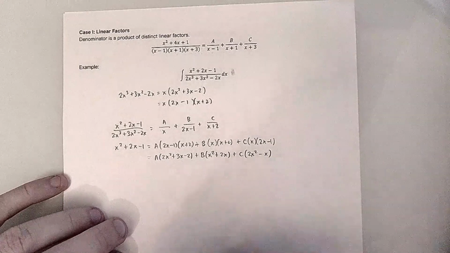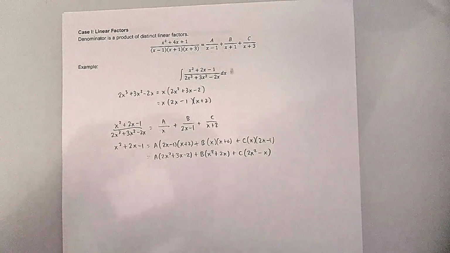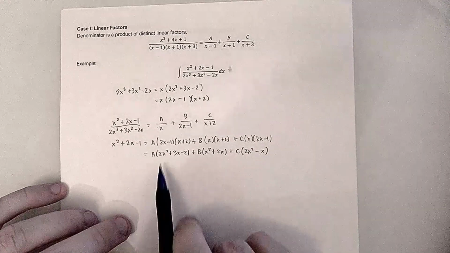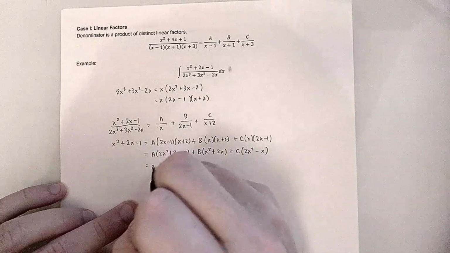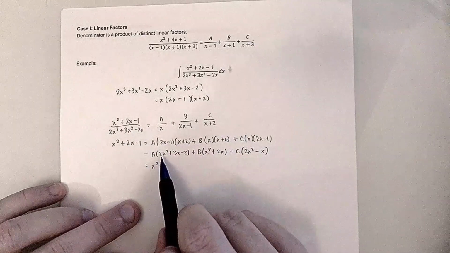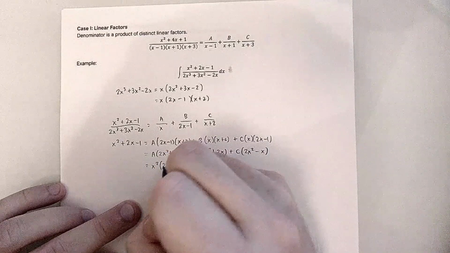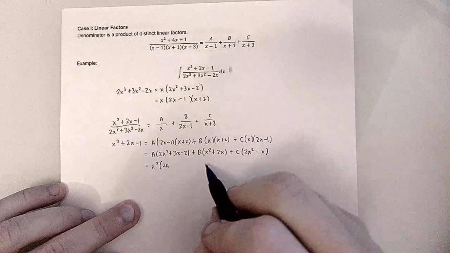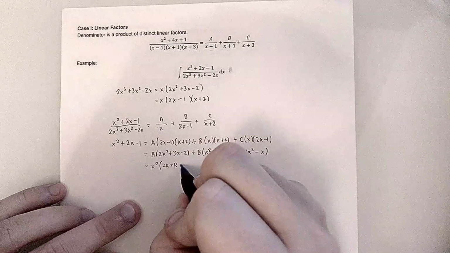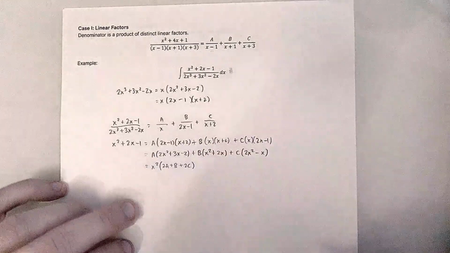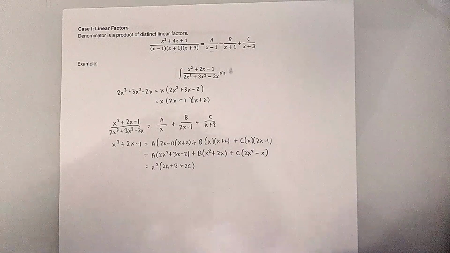And then we need to group all of our variables together. So we have the x squareds. So we're going to group all of our x squareds. The first term is going to be 2A plus B plus 2C.